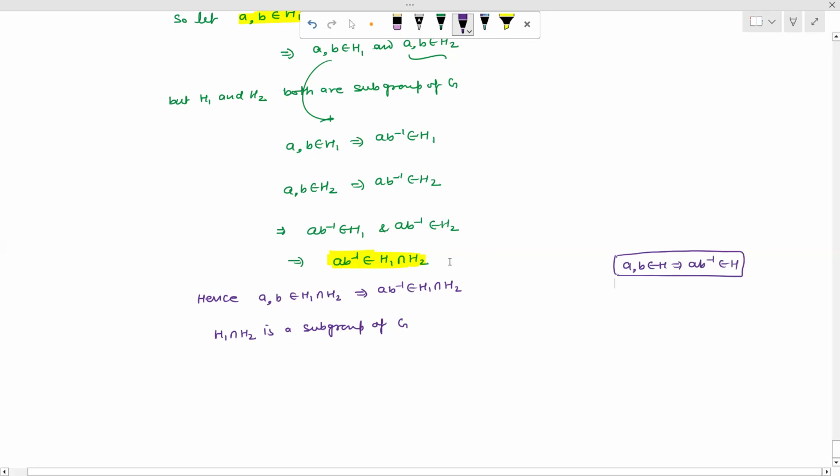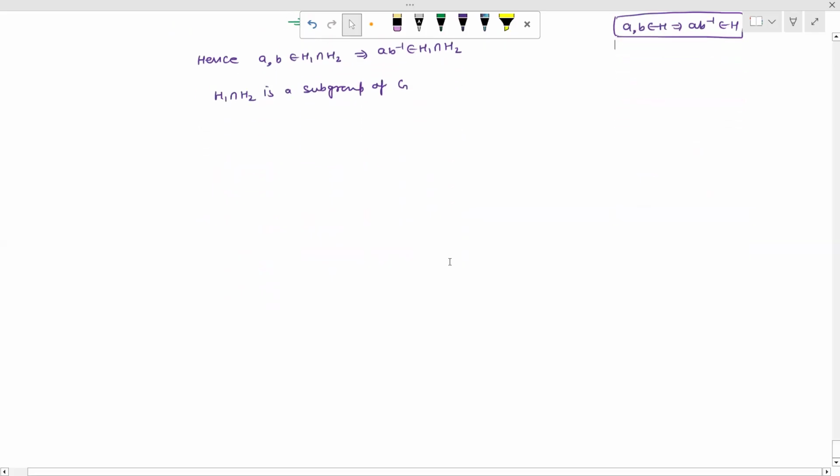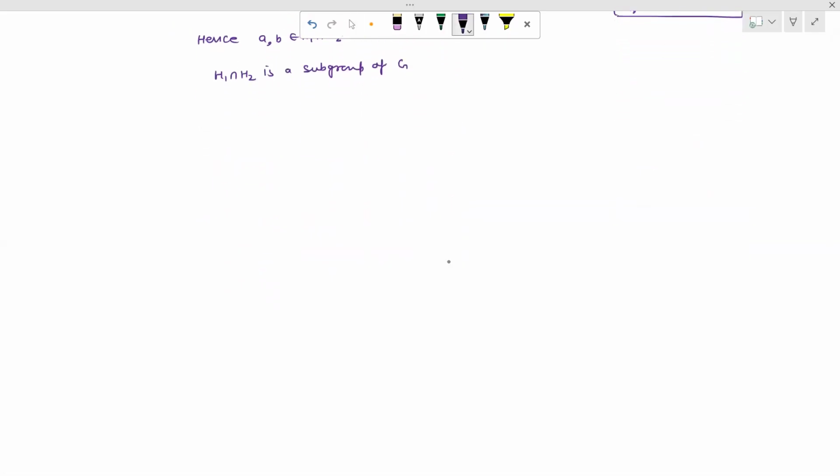After defining subgroup, we move to the next definition, that is the order of a group, which is a very important definition. For the order of a group, we just count the number of elements.